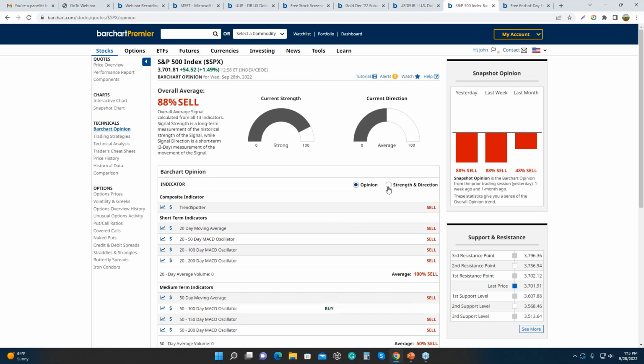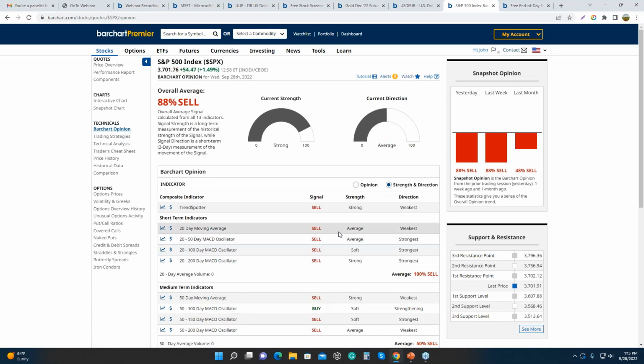If I look at my strength and direction on, let's say, my 20-day moving average, our strength is average, you know, average speed, maybe 45, 50 miles an hour. But our direction, our momentum in the last three days, has gotten weak. And that's telling us that there's a shift in momentum.